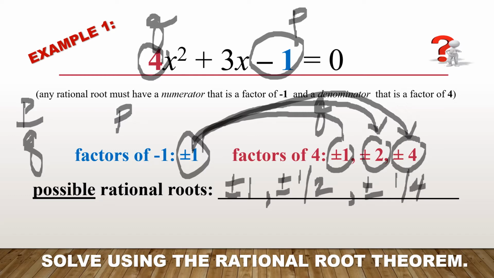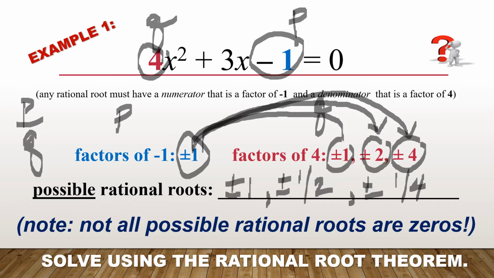So again, it's p divided by q. That's why these are the results after dividing positive 1 by each of the factors here of 4. So these are the possible roots that we are looking for.